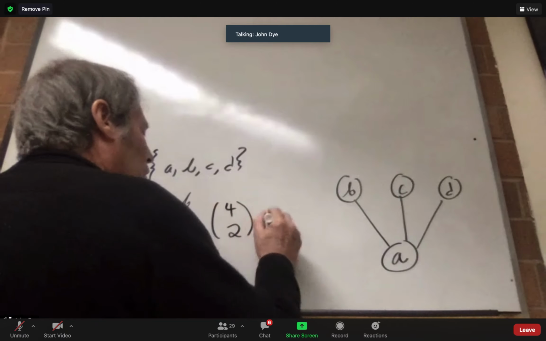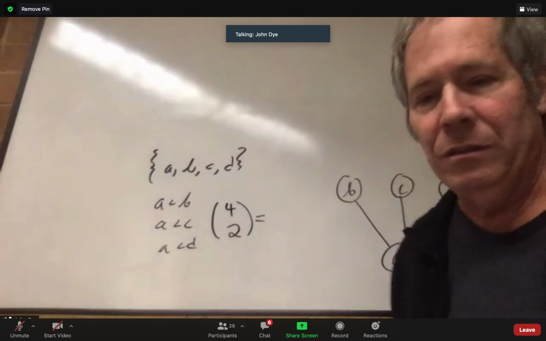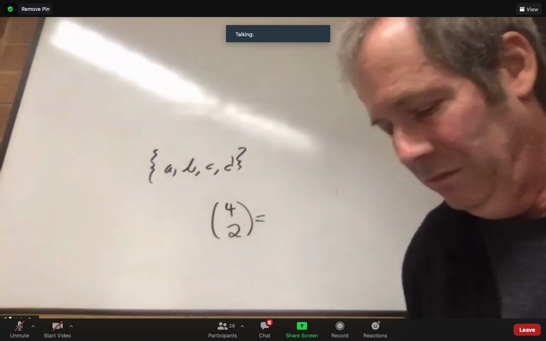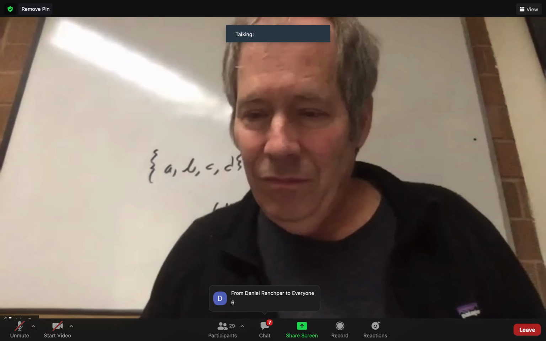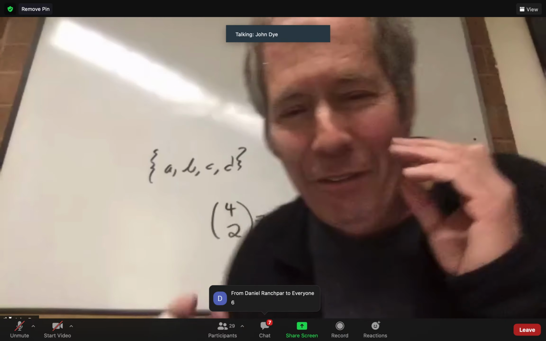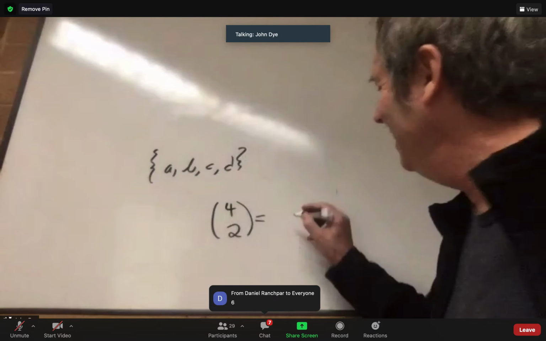This is a binomial coefficient, the number of ways to choose 2 things from 4 things. What is it? 6. Good, thank you.